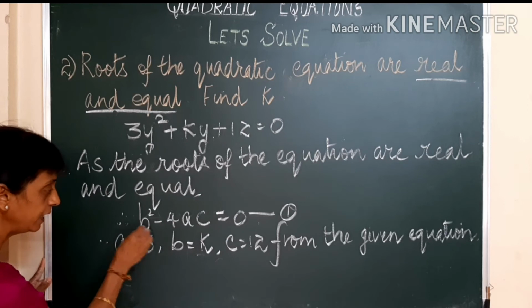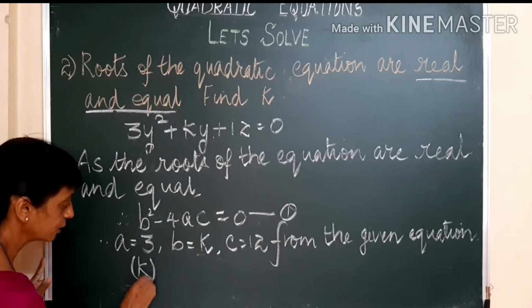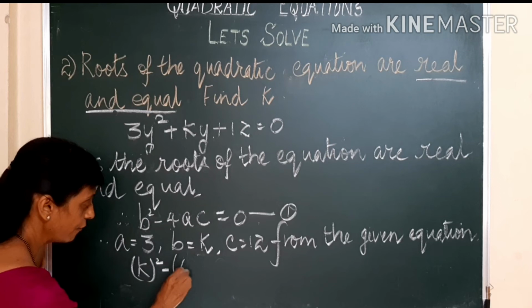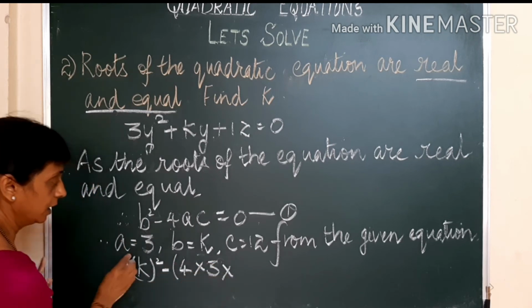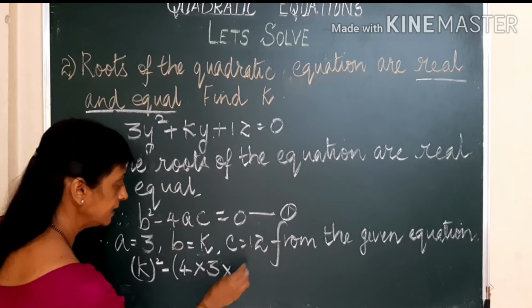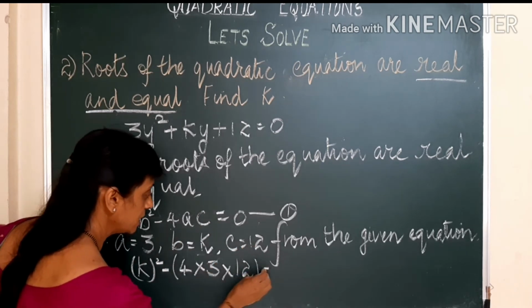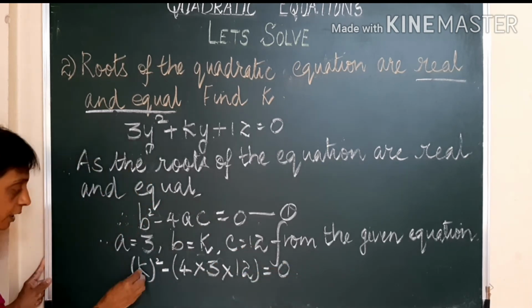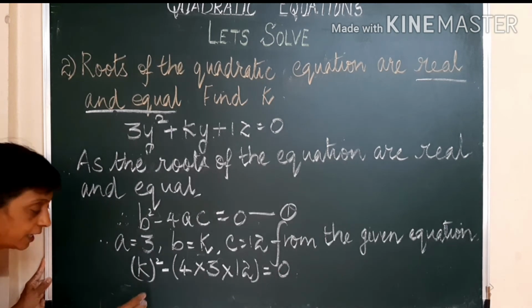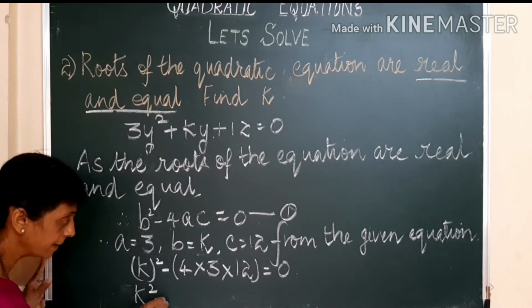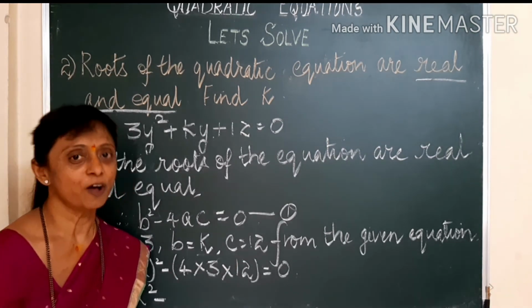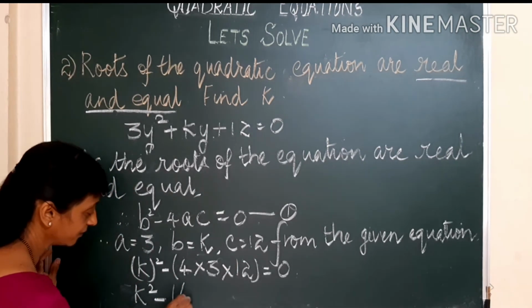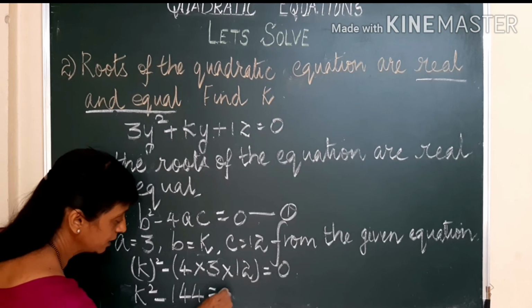In place of b, it will be k square minus 4 into a, that is 3, into c, that is 12, which is equal to 0. k into k gives you k squared, minus 4 threes are 12, 12 twelves are 144, which is equal to 0.